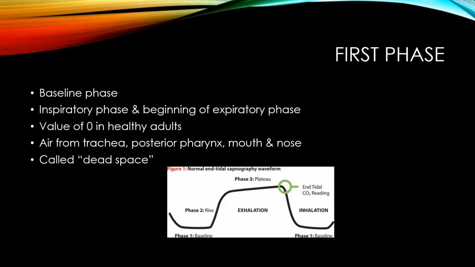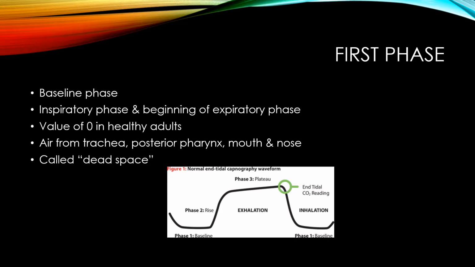So your first phase is your baseline phase for end tidal CO2. This represents both the inspiratory phase and the very beginning of the expiratory phase, when carbon dioxide free air in the anatomical dead space is exhaled. This value should be 0 in healthy adults.